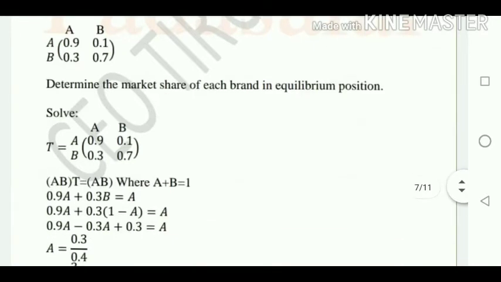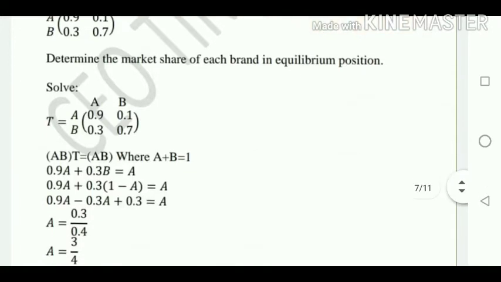Okay, if it is equilibrium, we apply the formula (A B) times the transition probability equals (A B), where A plus B equals 1. That is, A equals 1 minus B or B equals 1 minus A. We may take it like this.